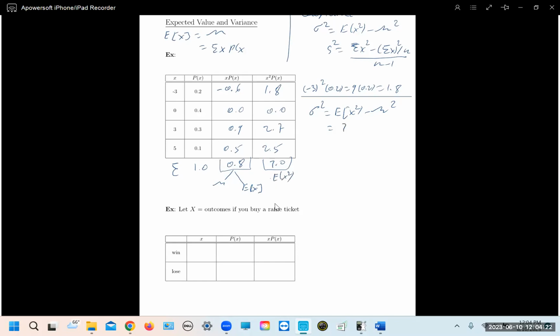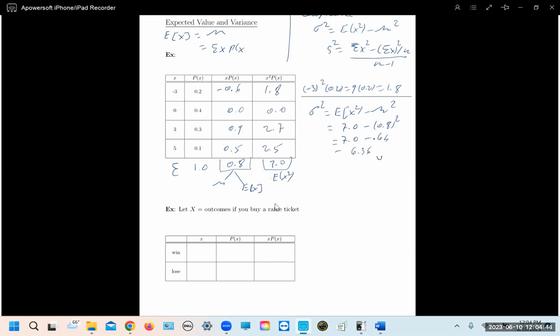So 7.0 minus 0.8 squared. We got 7.0 minus 0.64, so we have 6.36.